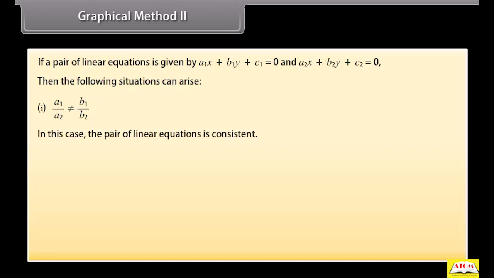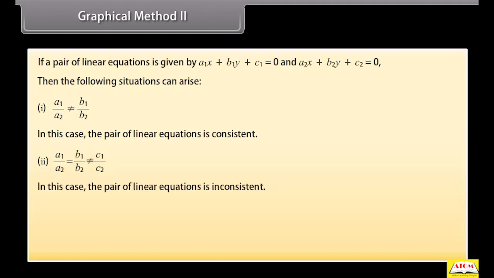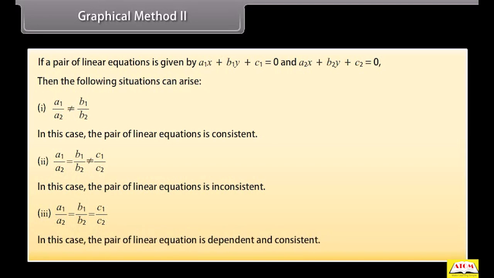In this case, the pair of linear equations is consistent. 2. a1/a2 = b1/b2 is not equal to c1/c2. In this case, the pair of linear equations is inconsistent. 3. a1/a2 = b1/b2 = c1/c2. In this case, the pair of linear equations is dependent and consistent.